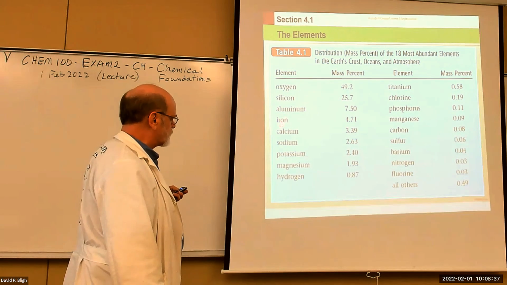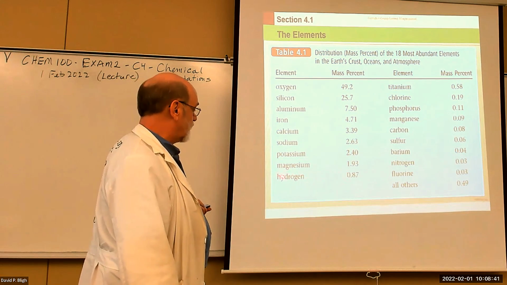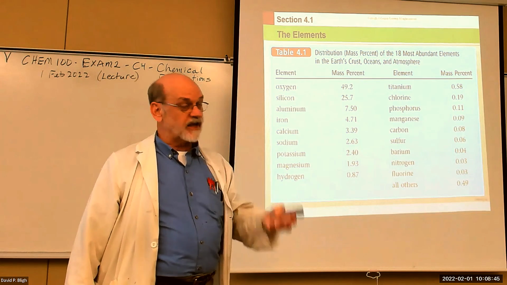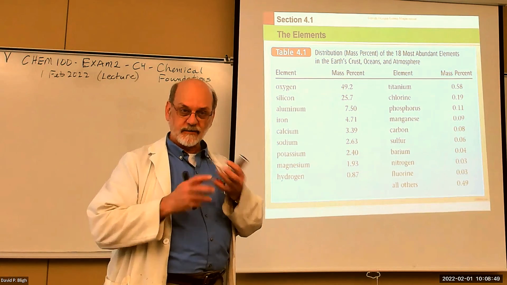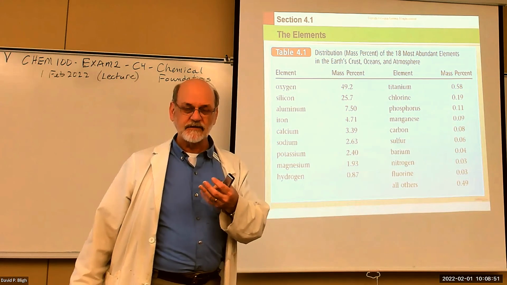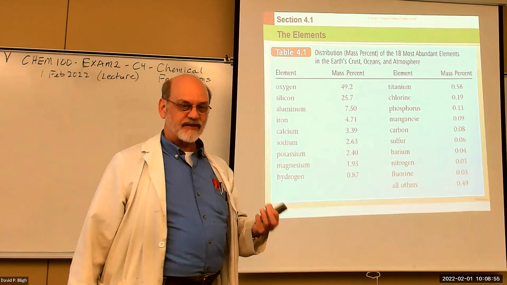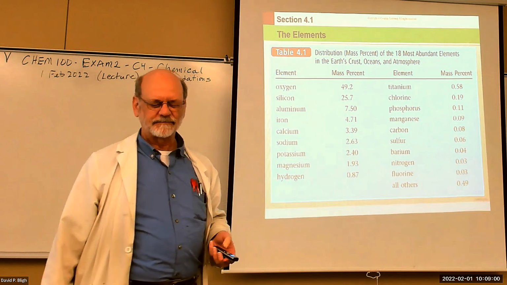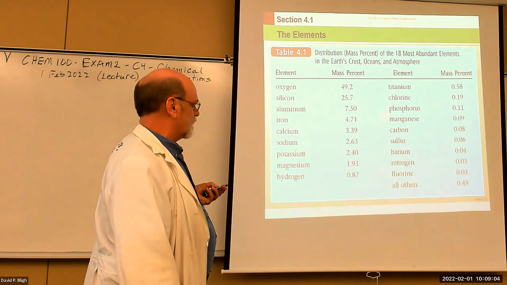And then you have lesser and lesser and lesser amounts of each one. Hydrogen's not really that abundant by mass, right? Even though there's lots of hydrogen in the ocean because it's combined with oxygen to make water, but by mass, it's a very light element. It's the lightest element. So by mass, it's not a very high percentage. Okay, we have these others that are lesser and lesser and lesser.